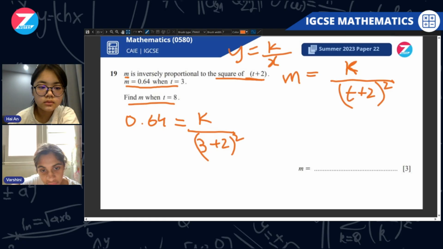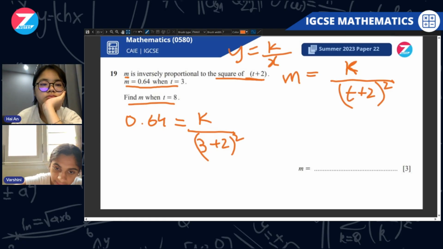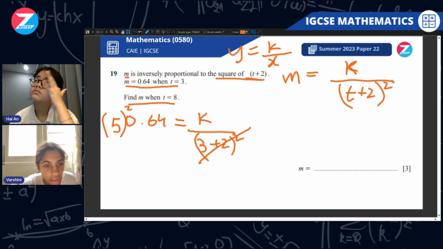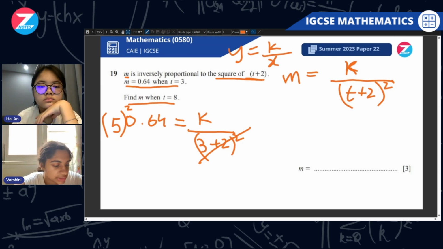So now to find the value of k, we're going to multiply both sides by 3 plus 2 whole squared to get rid of this thing on the denominator. And 3 plus 2 is 5, so let's write that as 5 squared. So now we just need to put 5 squared into 0.64 in our calculator, and we should get k equals 16.